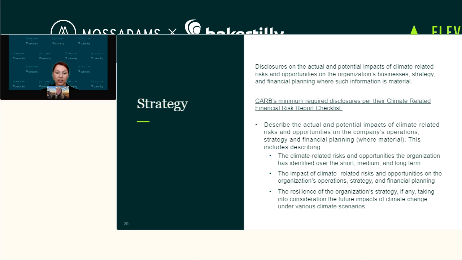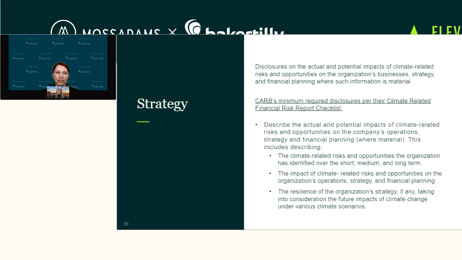So CARB did note on their reporting checklist that the discussion regarding climate scenarios may be qualitative in nature, where a qualitative scenario-based assessment is feasible or relevant for a particular company. CARB encourages its inclusion, but it's not mandatory at this time.